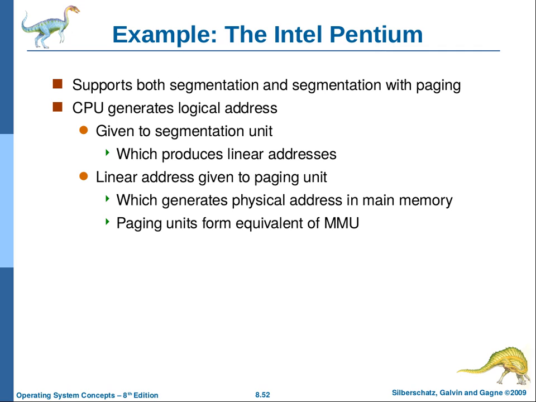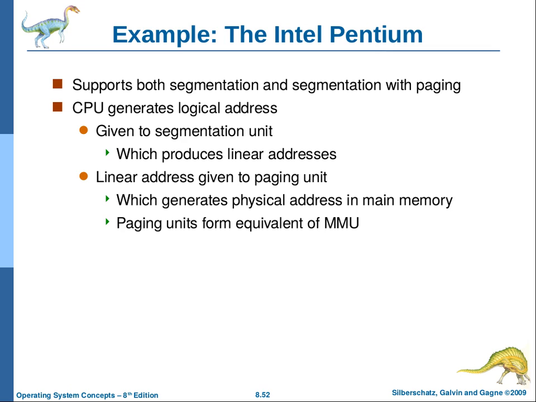I didn't talk about too much hardware support, but there's a lot of hardware support for paging as well as segmentation. There's been hardware support for a long time, but the classic one to look at is the Intel Pentium. That was in the 90s. Please note that all modern processors have a version of this that's a little more powerful.